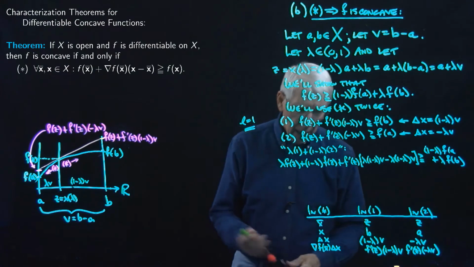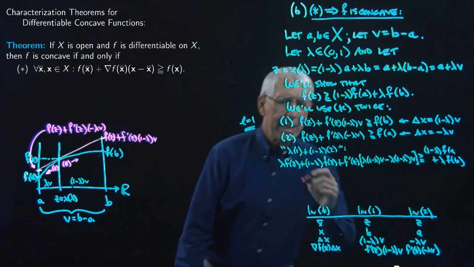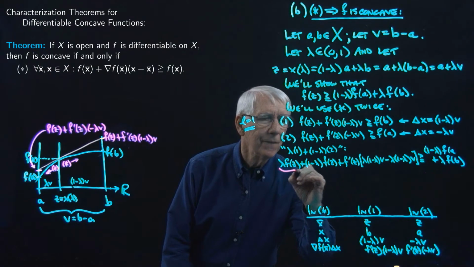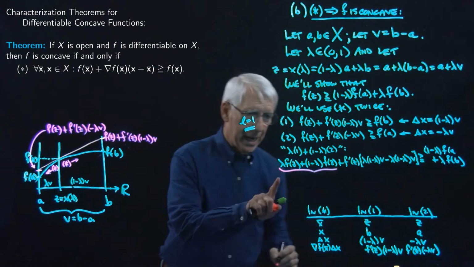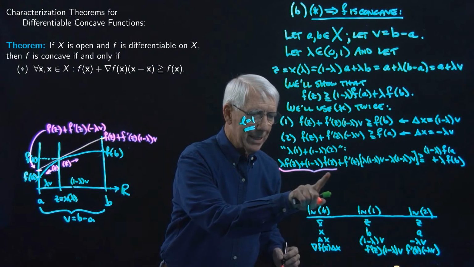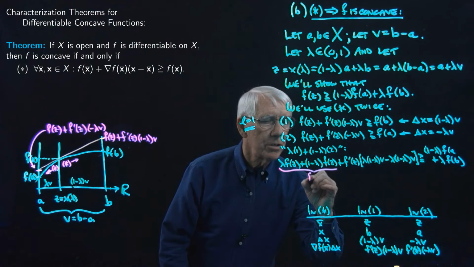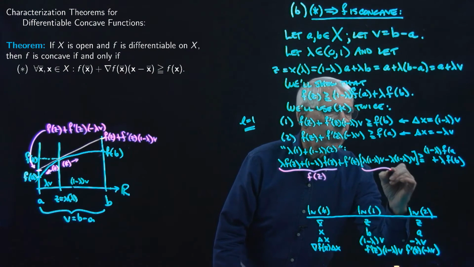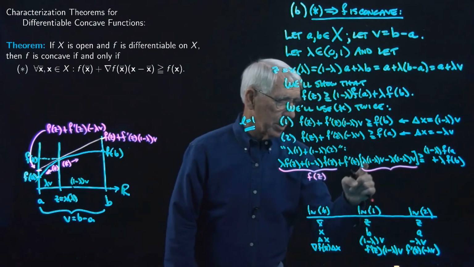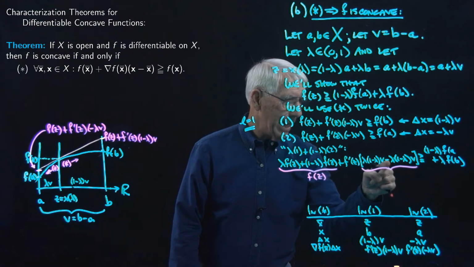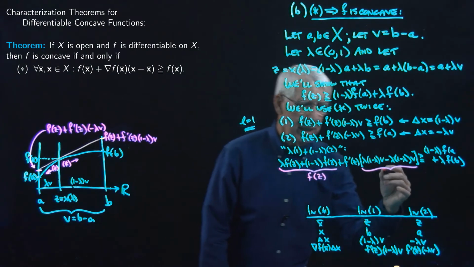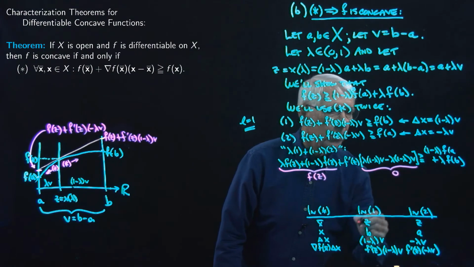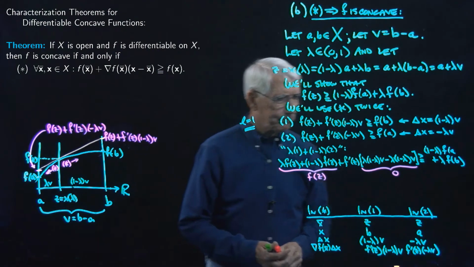So now let's note that this lambda plus 1 minus lambda times f of z is just f of z. And this in the square brackets is 0, because I've got lambda 1 minus lambda v minus lambda 1 minus lambda v, so that's 0. So now what have I got?